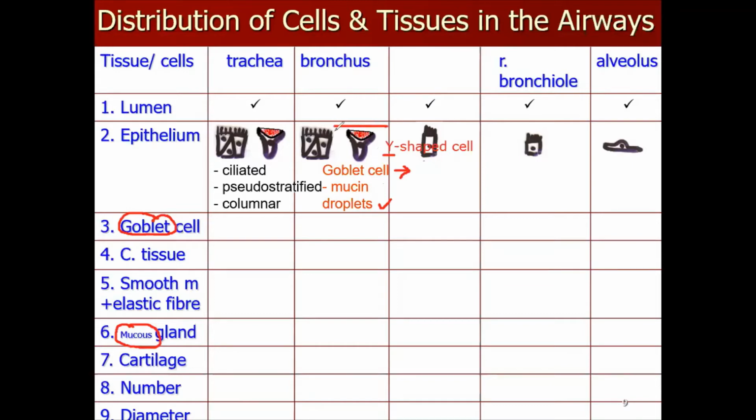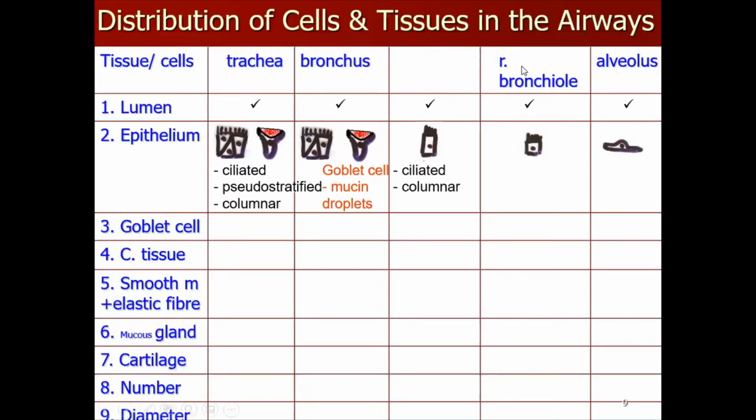It becomes a layer of liquid called mucus on the wall of the epithelium. So this goblet cell, Y shape, you have to draw.